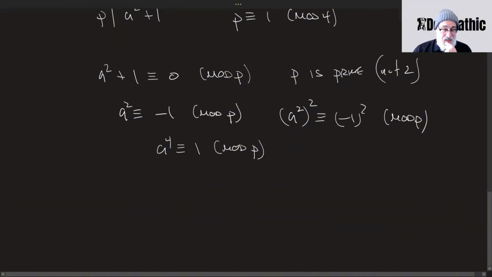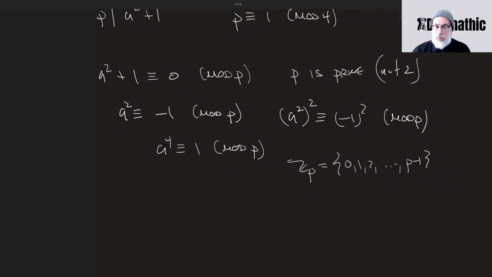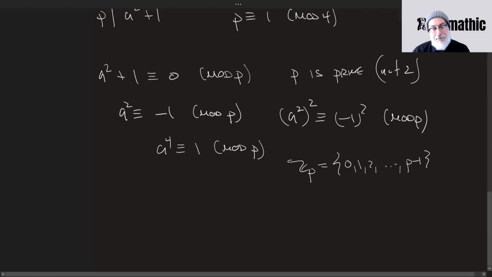What are the representatives mod p? Maybe that will help. Integers mod p: 0, 1, 2, dot, dot, dot, all the way to p minus 1. Feel like I'm producing a lot of dead air.